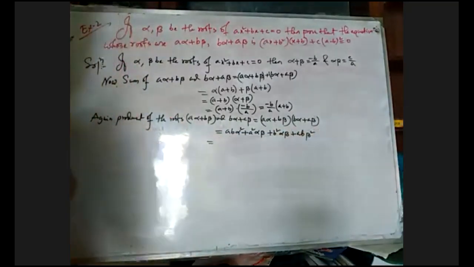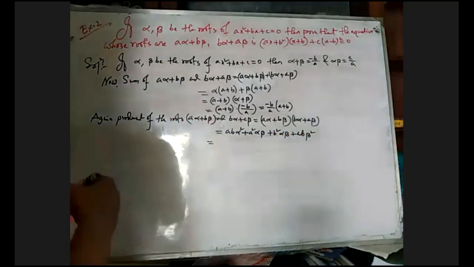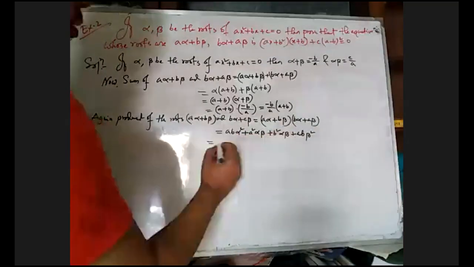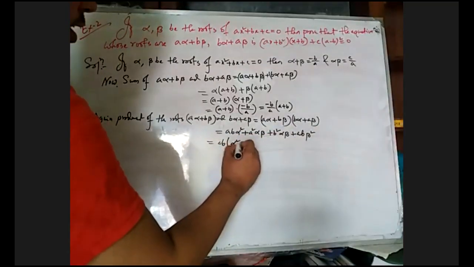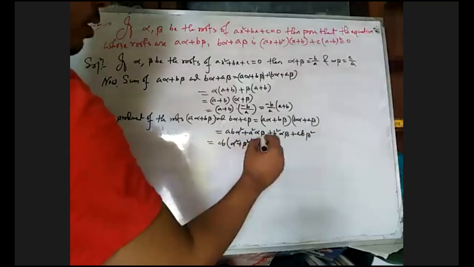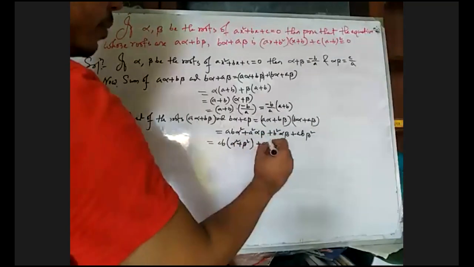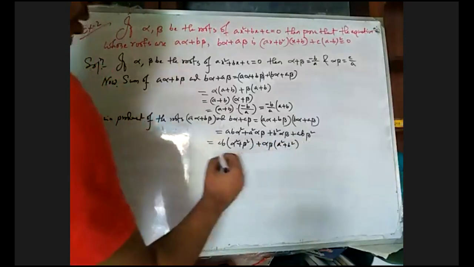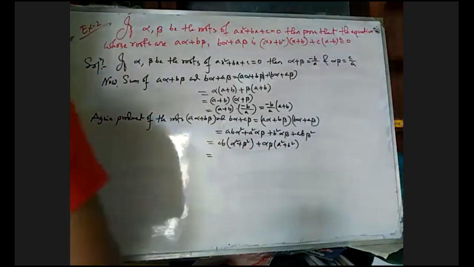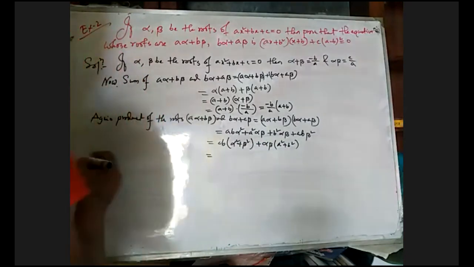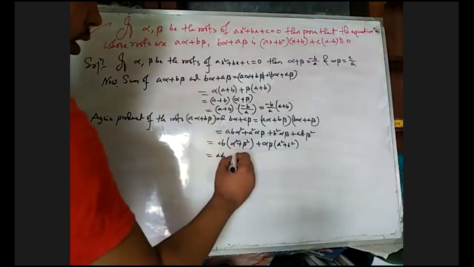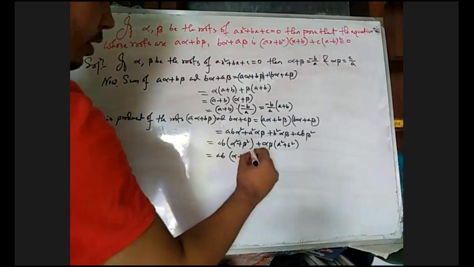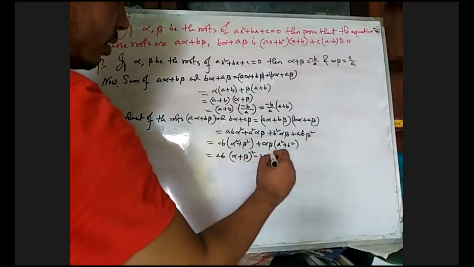If we take ab common, then we get alpha square plus beta square, plus alpha beta common, a square plus b square. So alpha plus beta whole square equals what actually? A plus b whole square minus twice ab.